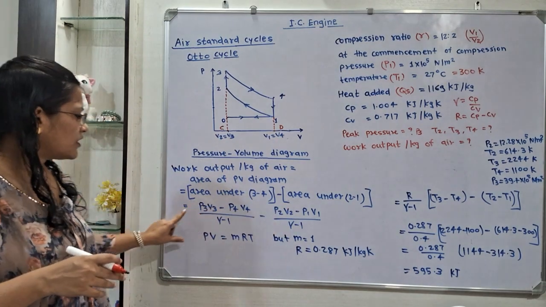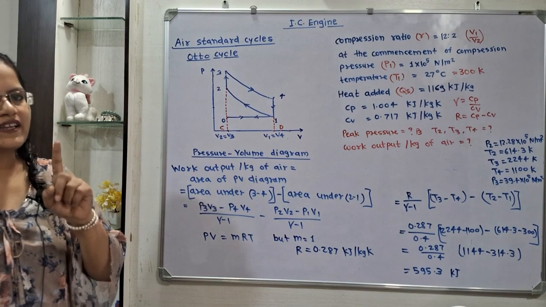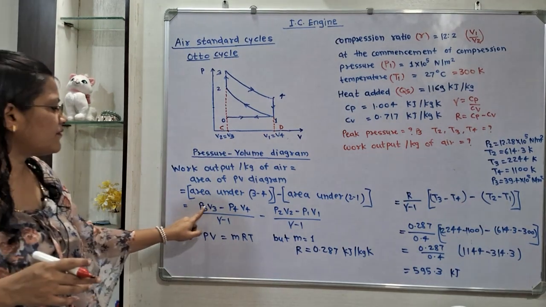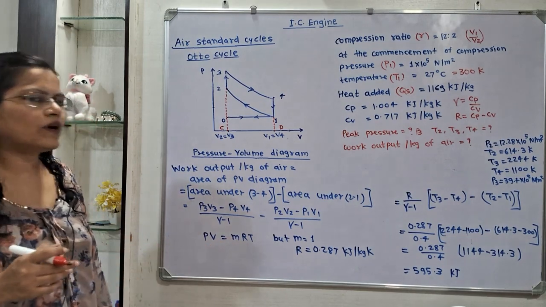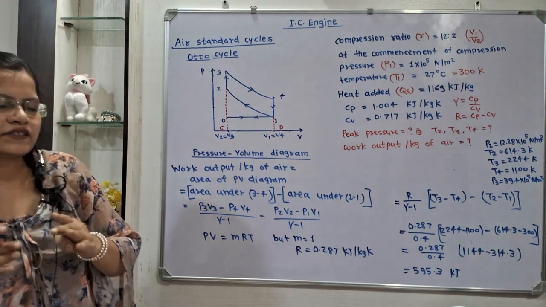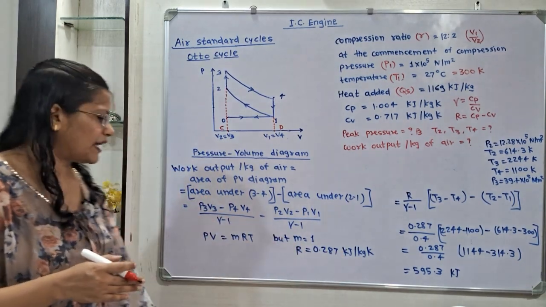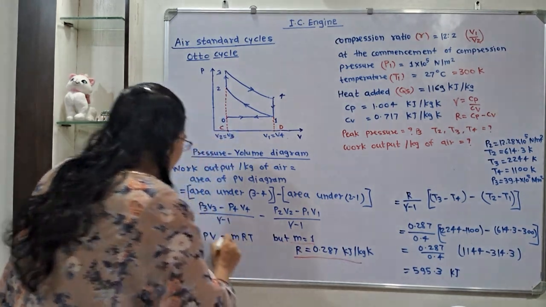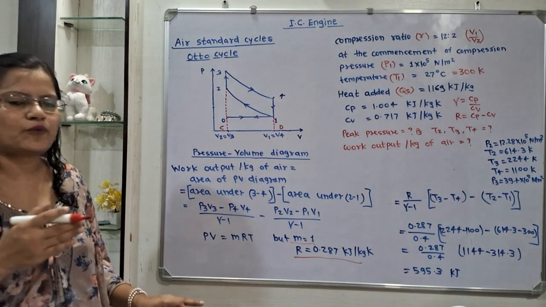Now we have to calculate work output per kilogram, that is unit mass, so M is equal to 1, and PV is equal to mRT. How to calculate R? We know that R is equal to Cp minus Cv. So it is 0.287 kilojoule per kilogram Kelvin. We will use these two values. And gamma minus 1 is 1.4 minus 1, that is 0.4.